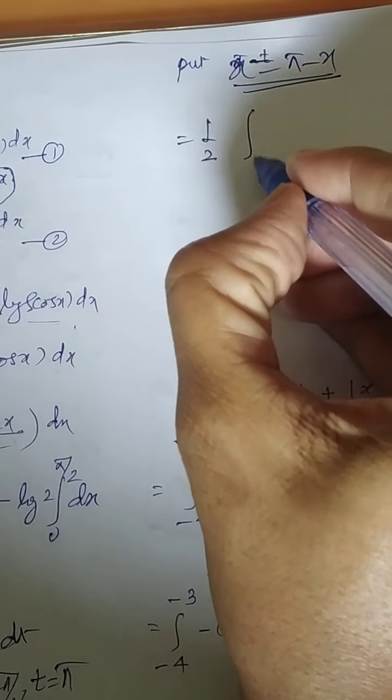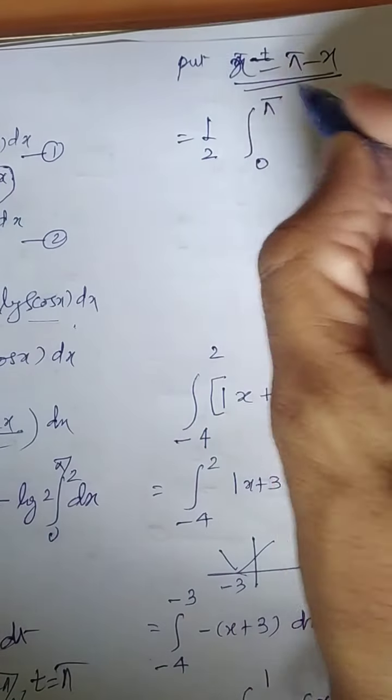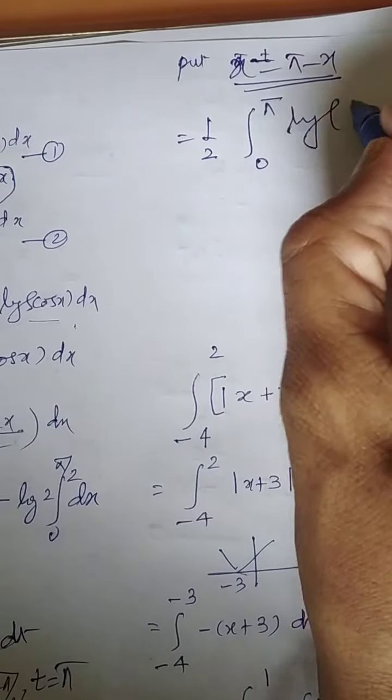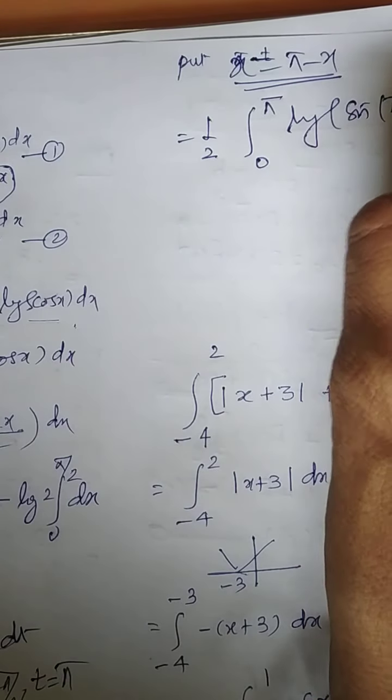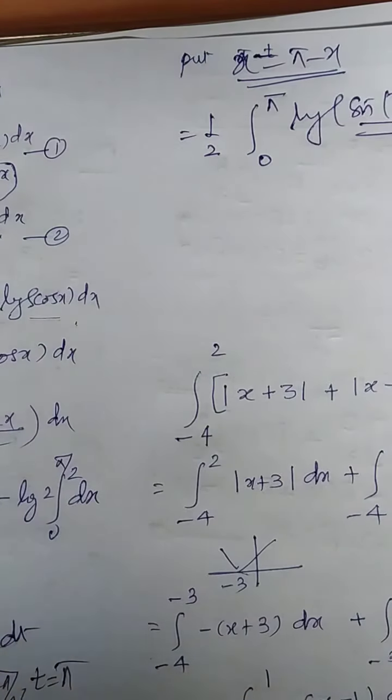First convert to the integral from 0 to pi of log of sin x dx. But you know the property that if you replace x by pi minus x, then this expression remains the same. It will be 1 by 2 over here, the integral from 0 to pi of log of sin of pi minus x dx. So you are getting the same integral.